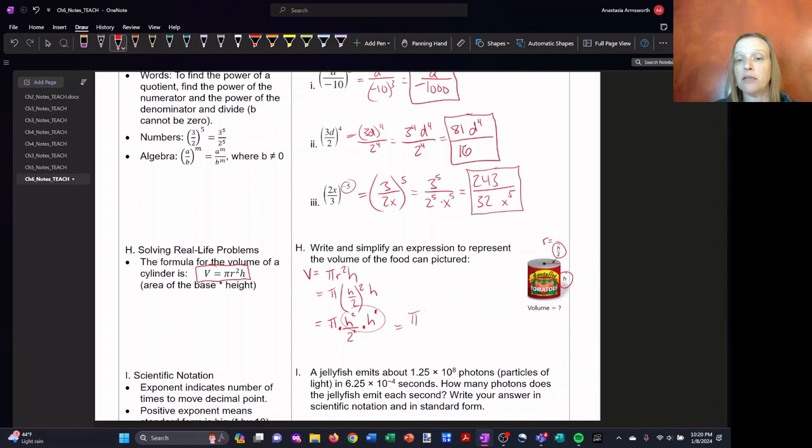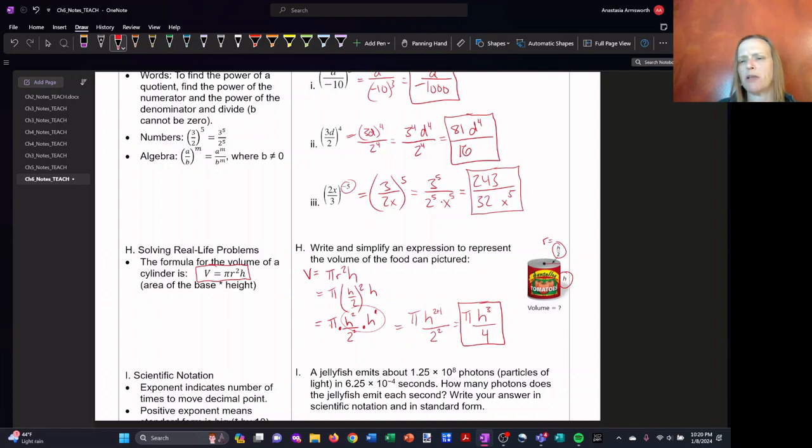So that's pi times h to the 2 plus 1 divided by 2 squared, which is pi times h cubed divided by 4. I'm just evaluating 2 squared, which is the same as 4. And then this is our final answer.